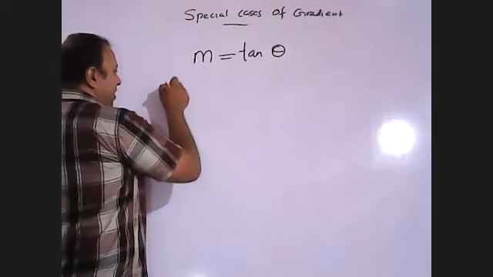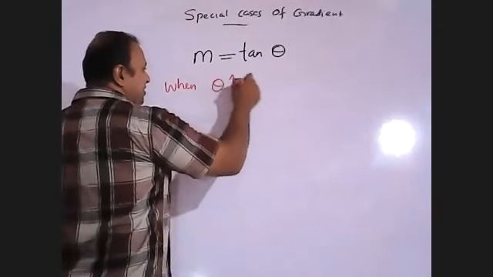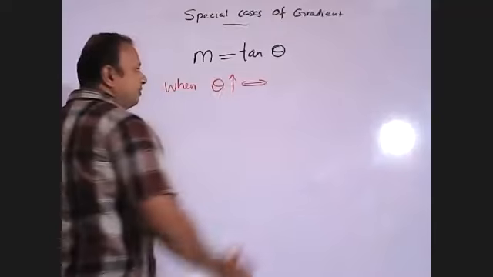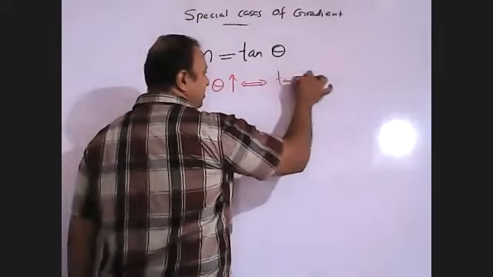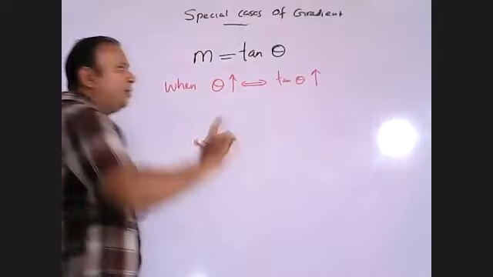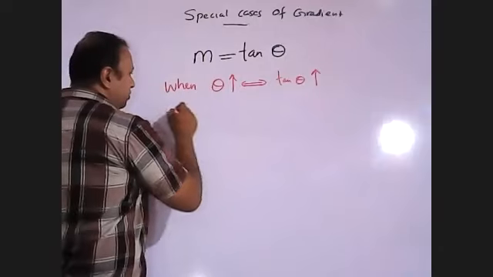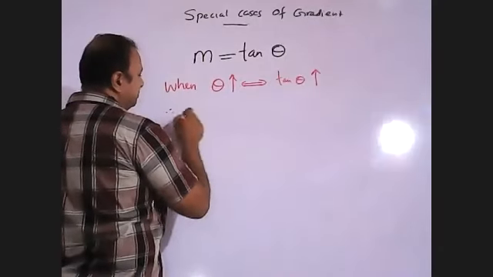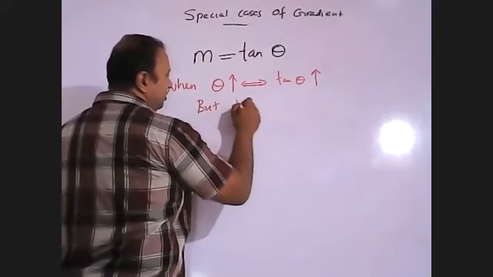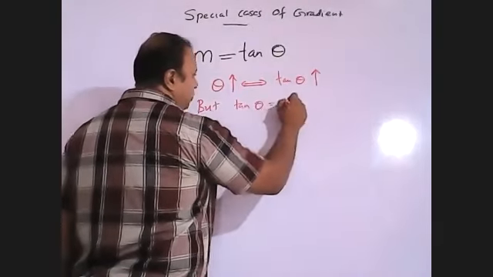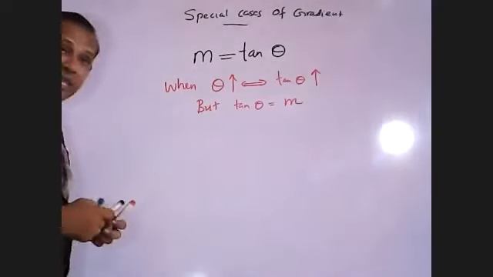So, when theta increases, tan theta increases. I know tan theta means m. Tan theta is equal to m.